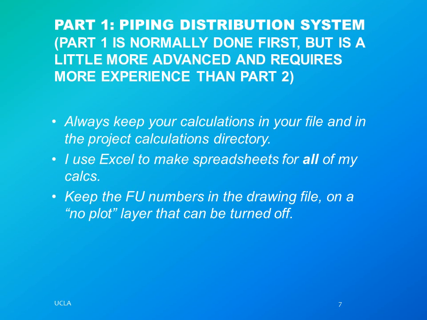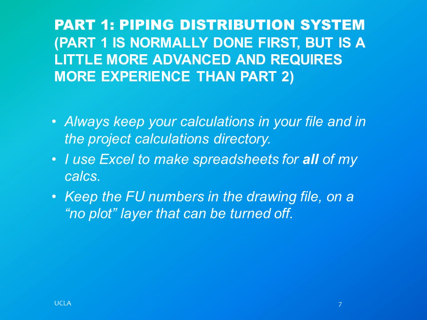It's nice to have a block with some attributes that have fixture units and GPM, and the size could also be in that block that you don't see, but you can always turn it back on. It could be live calculating attributes that are tied to some key, or it could just be a block that's in there so that you can look at it later.